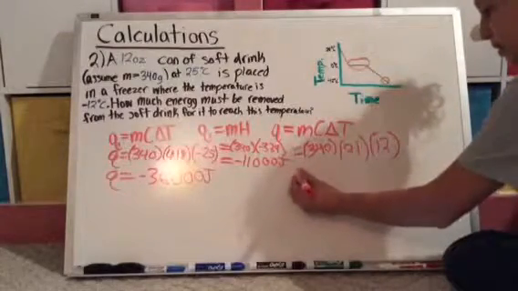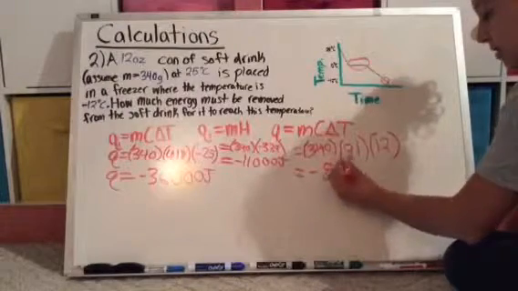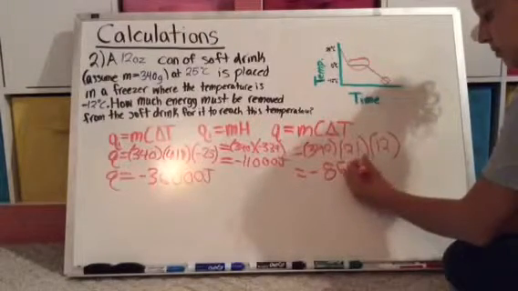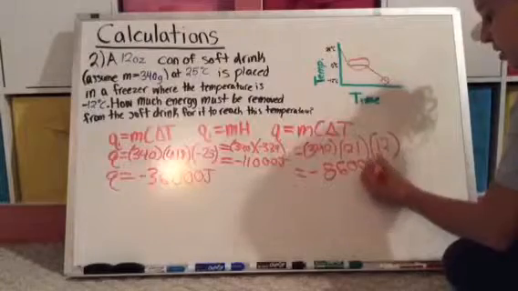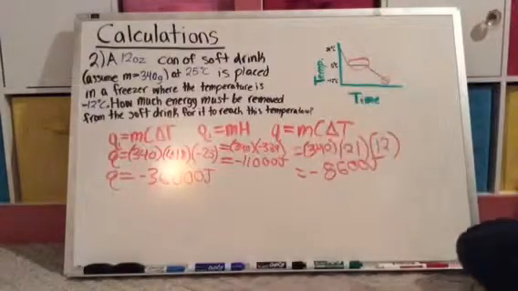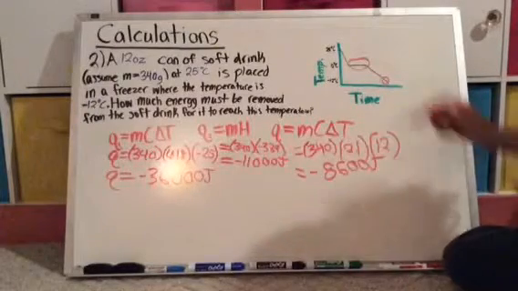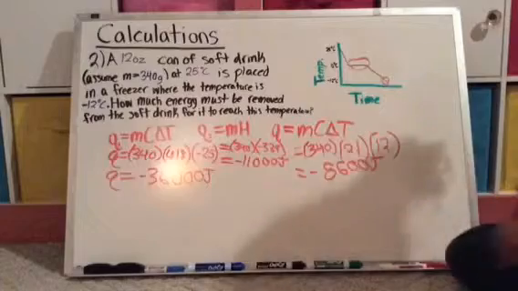And after multiplying this all up, we get negative 8,600 joules. And our heat capacity is 2.1 because it's a new phase. We're now in the solid and not in the liquid.